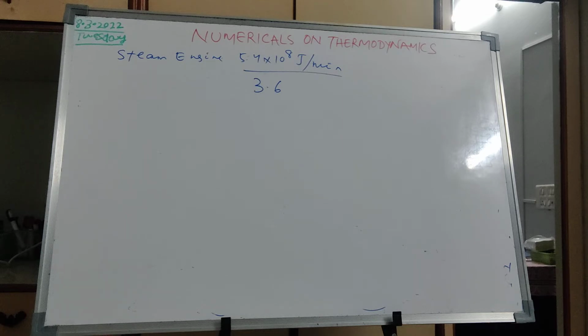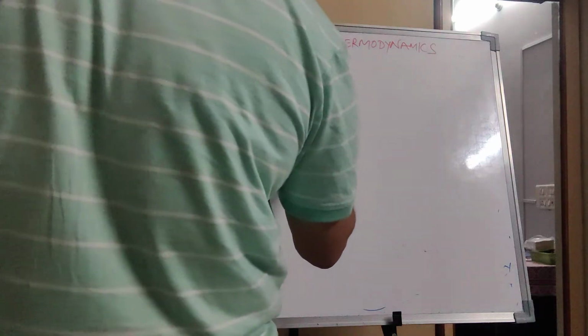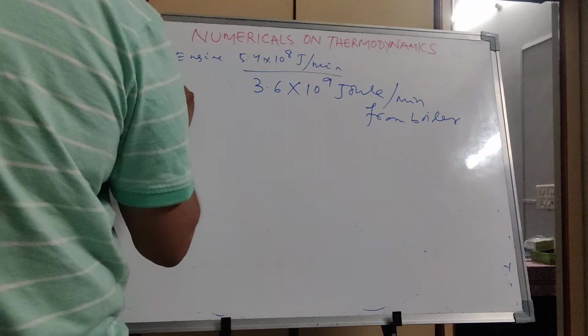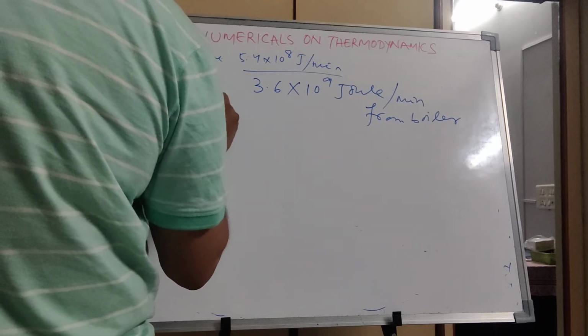Okay. Then what is next? And services 3.6 into 10 power 9 joule of heat per minute from its boiler. So heat taken from boiler.